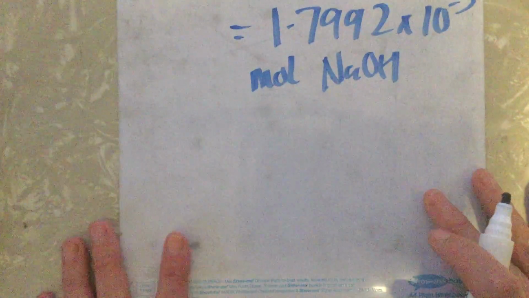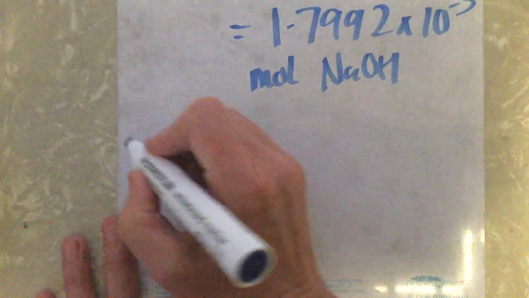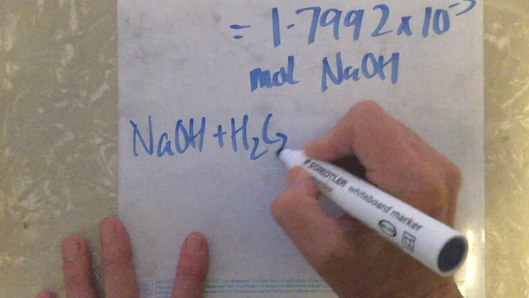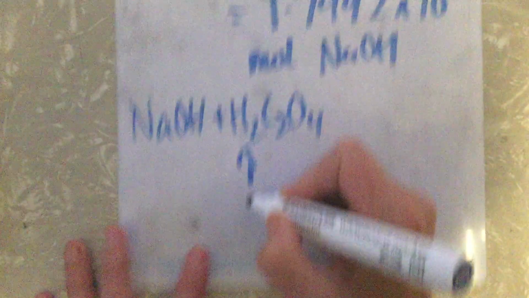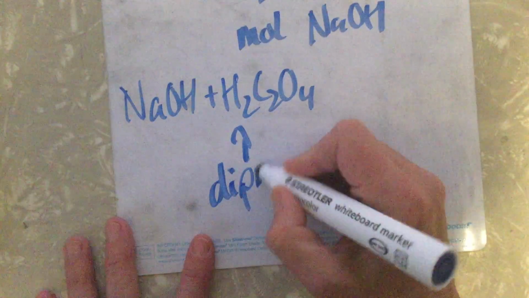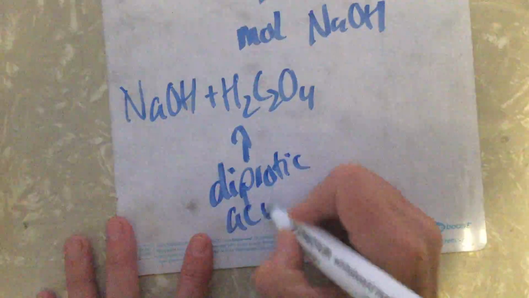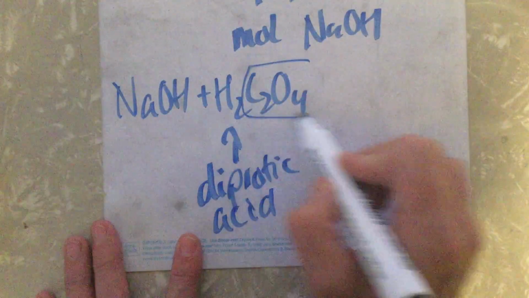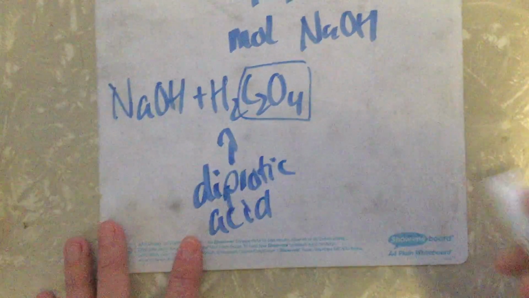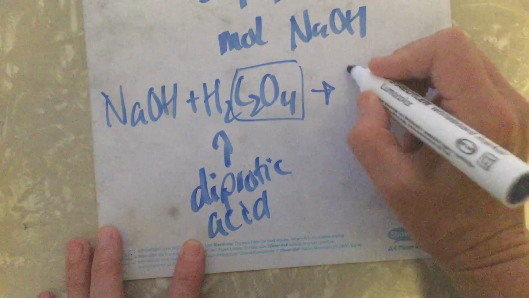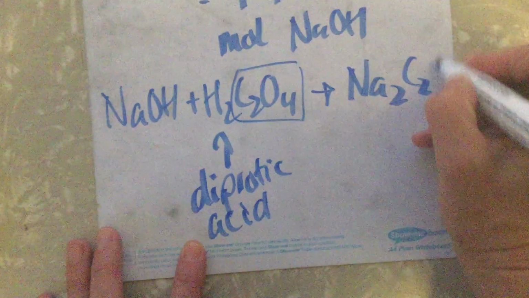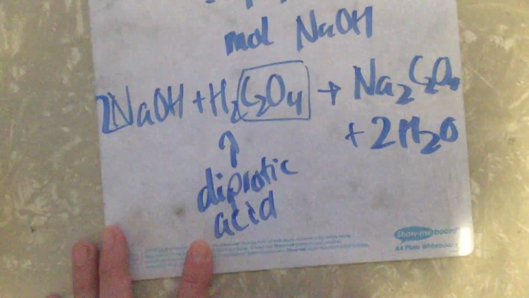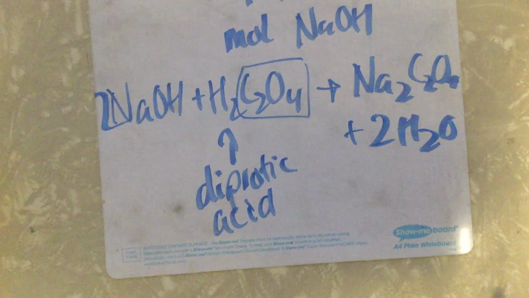So then we need a mole ratio. Next step is a mole ratio. So NaOH plus H2C2O4. This is a diprotic acid. So just think of this as being like H2SO4. So if you substitute the C2O4 for SO4, then you will get Na2C2O4 plus 2H2O, and you will need 2 moles of sodium hydroxide to balance that.